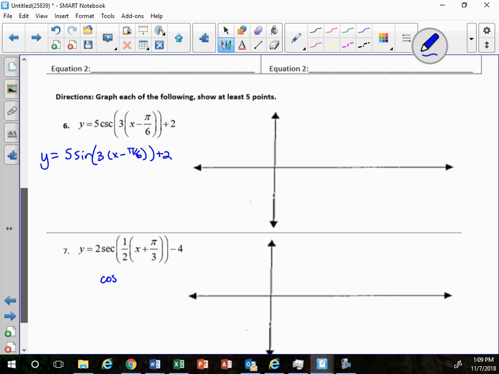I got one now. It's x plus negative 5. Might be just pi over 2.